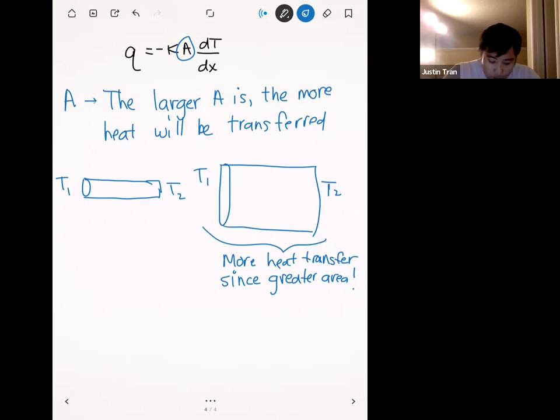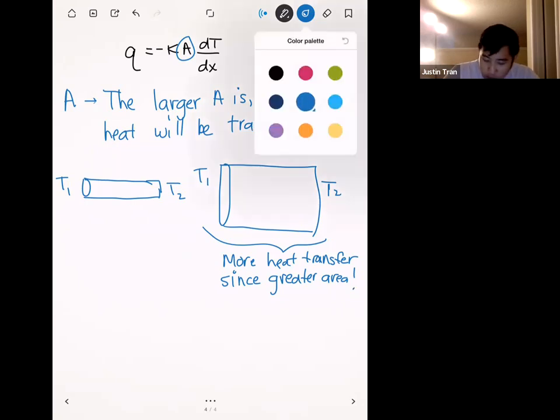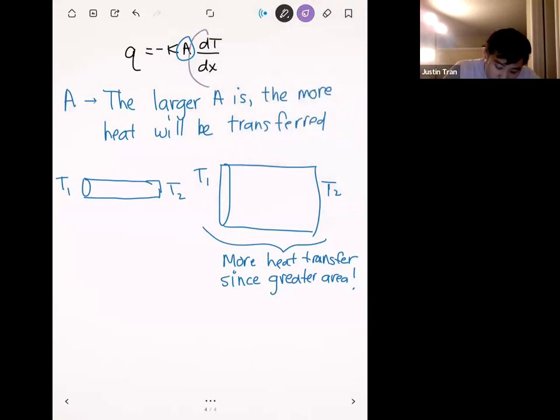All right. I want to hold off talking about the thermal conductivity for a second, but let me talk about the temperature gradient again. The temperature gradient has two components to it. There's dT on top and dx on the bottom, right? Basically this expresses a change in temperature over a distance.